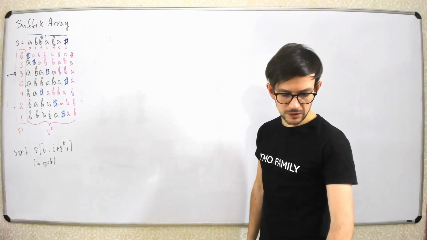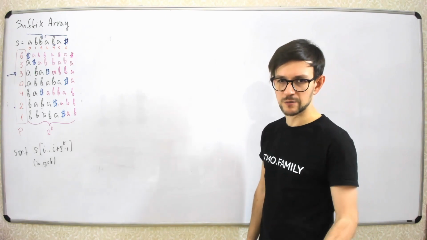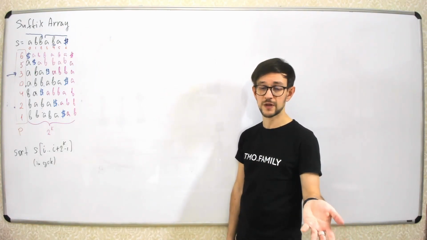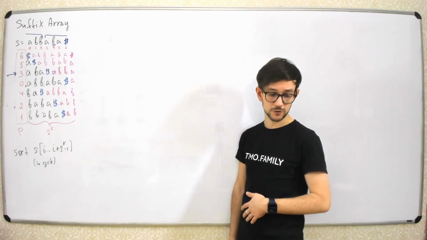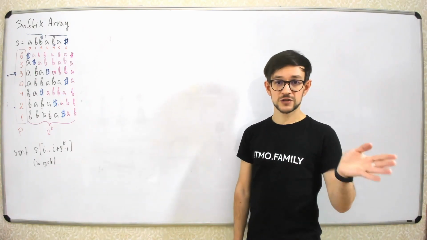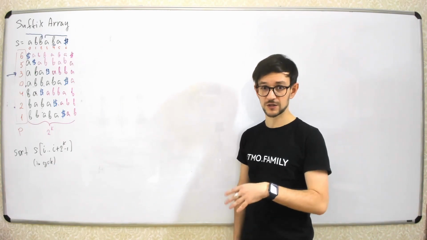Yeah, that's true. You actually don't need a linear time suffix array algorithm because you can build a suffix tree in linear time and then convert it to a suffix array. Alternatively, you can build a suffix tree, convert to a suffix array, and then convert the suffix array back to a suffix tree. That's also possible.